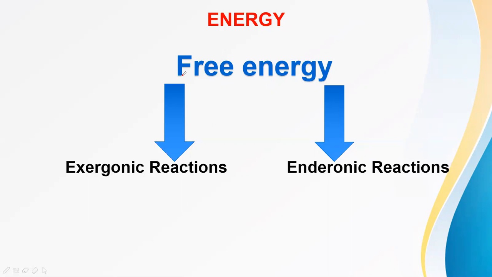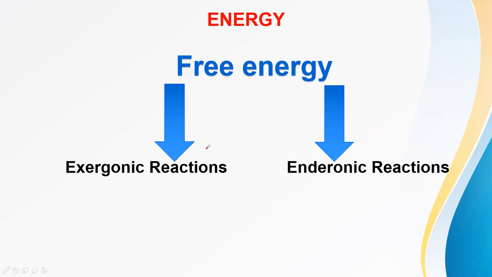So this is the amount of free energy available to do work for this reaction under the conditions of biochemical reaction, because photosynthesis is a type of biochemical reaction. So the energy which is available to perform a reaction, either anabolism or catabolism, we call free energy. Based on free energy, there are two types of reactions: exergonic and endergonic.